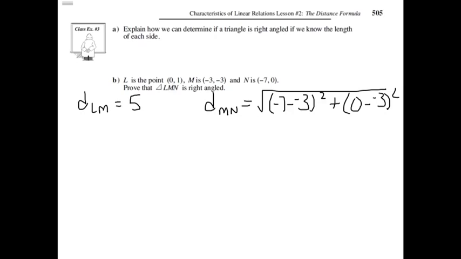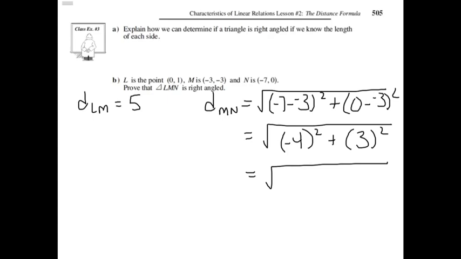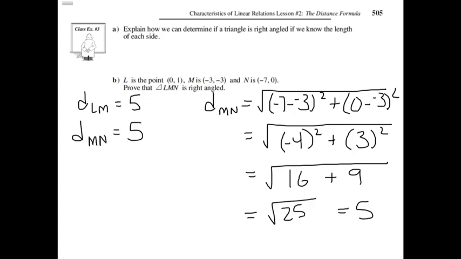Those are the y's for M and N. Condensing this down, -7 minus -3 is -4 squared, plus 3 squared, since 0 minus -3 is +3. Working this out, you're going to have 16 plus 9, which condenses down to 25, the square root of 25, which is just going to be 5, just like the last one. So the distance between M and N is going to be 5.